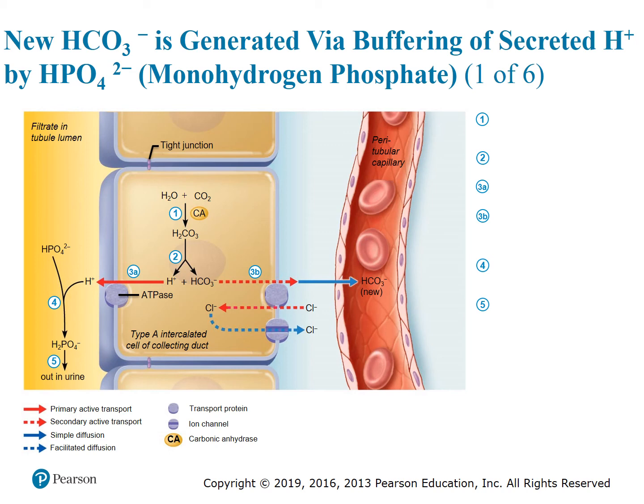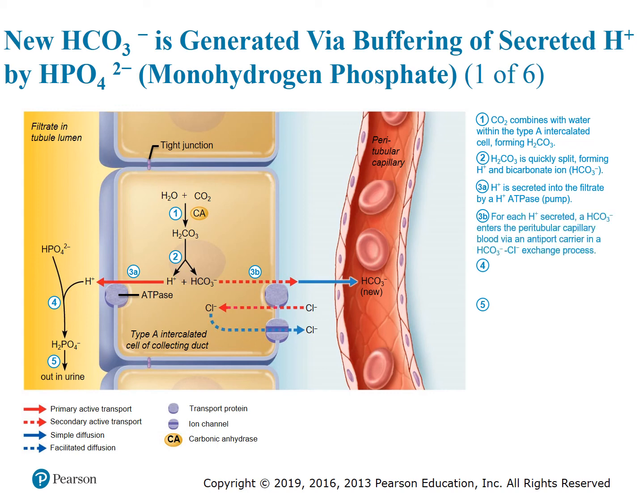So let's take a look here at how bicarbonate gets generated by the buffering of secreted hydrogen by monohydrogen phosphate. So first thing here, take a look at the inside of the cell. So inside the cell, CO2 combines with the water, and it will form carbonic acid. In our second step here, the carbonic acid gets split into hydrogen and bicarbonate. And at the same time, the hydrogen gets secreted into the filtrate by a hydrogen ATPase pump.